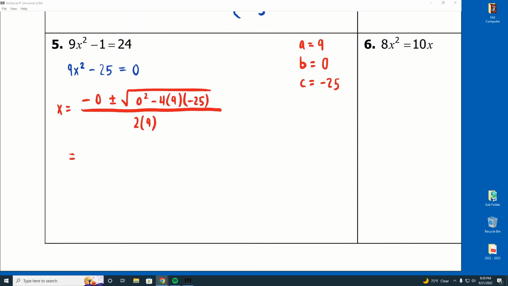It's just 0. So what I really have here is plus or minus the square root of, and then remember, we're going to simplify the value that's underneath the radical only. So I'm going to type in my calculator only 0 squared minus 4 times 9 times negative 25. Well, when you do that, that equals 900, okay? And all of this is divided by 2 times A.